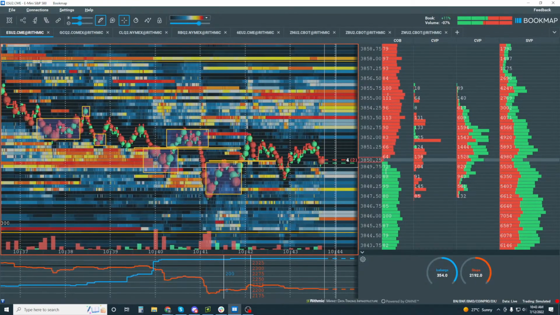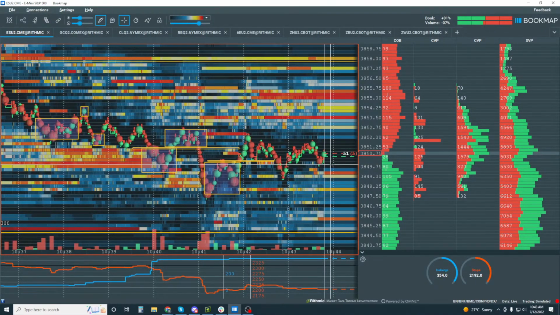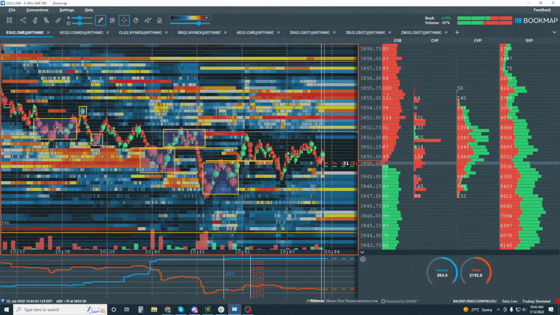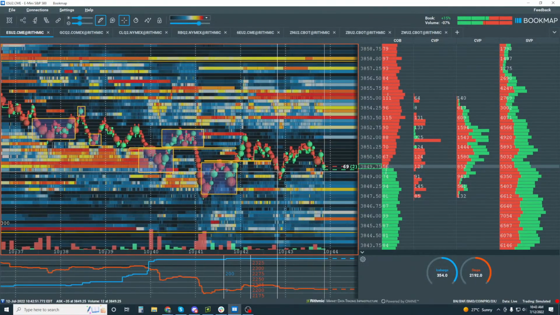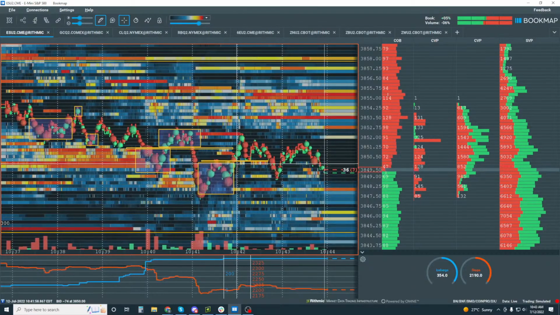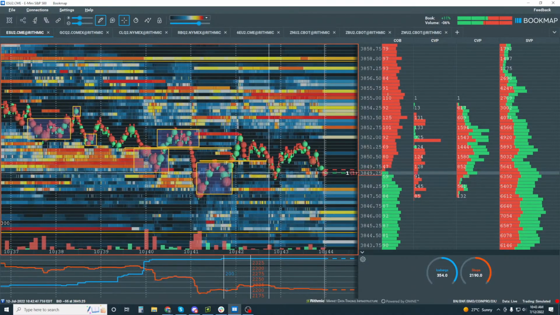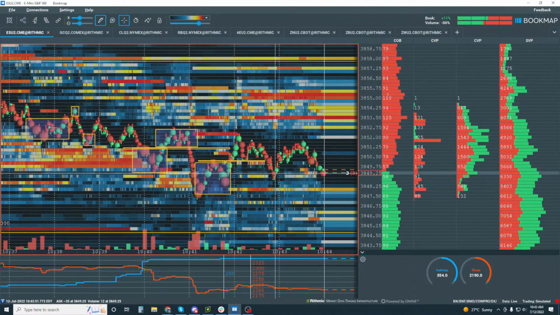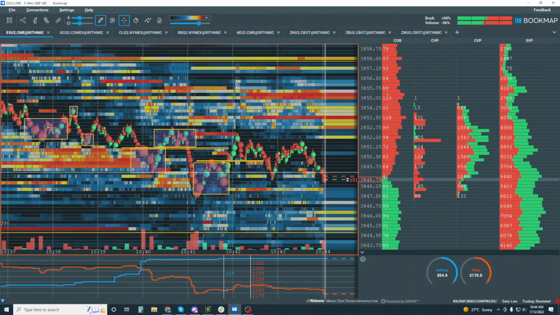Okay. Boy, it's a battle. Still looking for these sellers though. I mean, they're not remaining trapped. You know, so the sellers are still in it. And here we go. Here's our push.